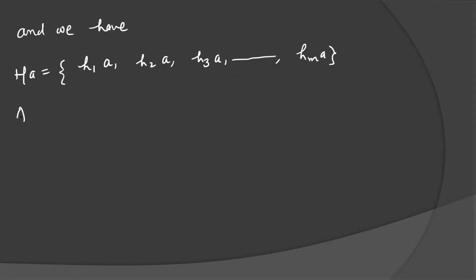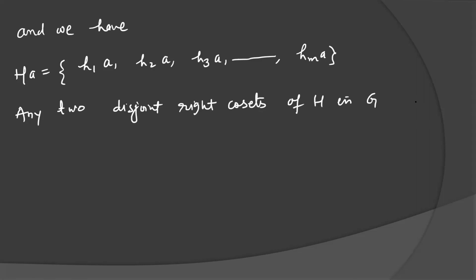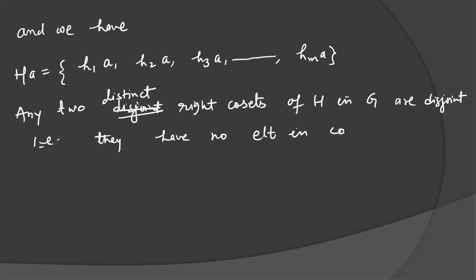And I told you the previous result, any two cosets are disjoint or identical. Suppose I am considering disjoint right cosets of H in G. Any two distinct right cosets of H in G are disjoint, such that they have no element in common.